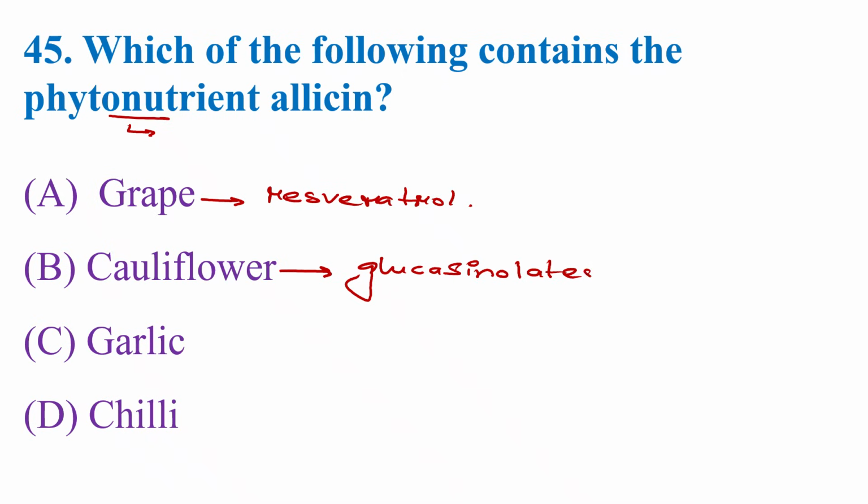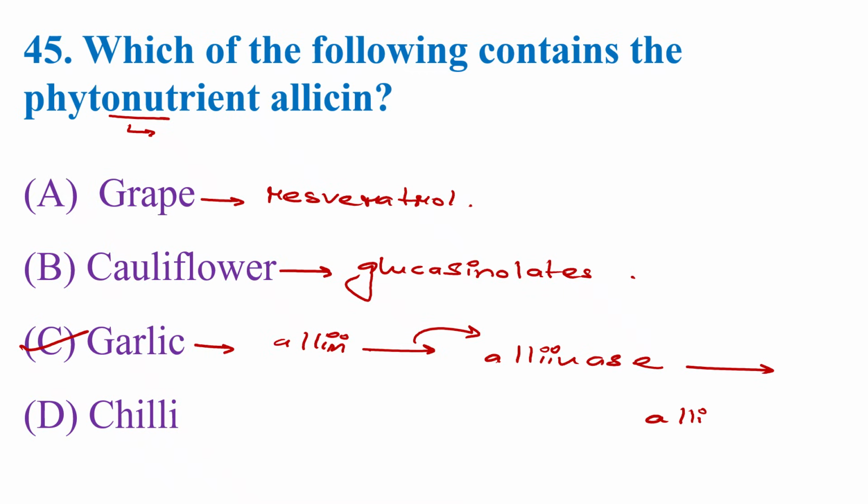Garlic will be our correct option, since garlic contains alliin, and when it is crushed, the enzyme that acts on it, that is alliinase enzyme, converts it into allicin. This is an enzyme which on crushing will give allicin.